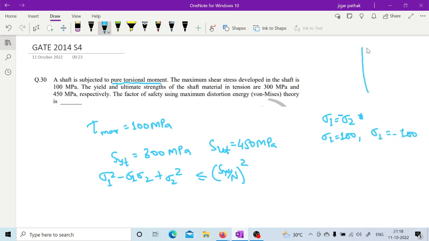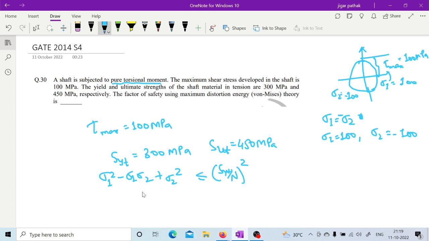That we have seen in the Mohr circle of pure shear, right? So as tau max is given as 100, this sigma 1 and sigma 2 will be plus 100 and minus 100, right? So from that the sigma 1 and sigma 2 have come.